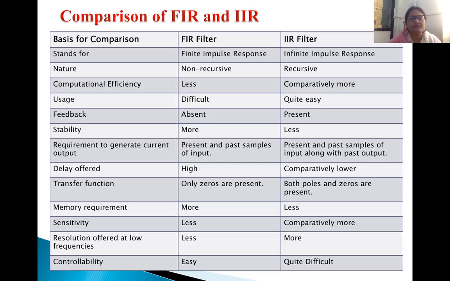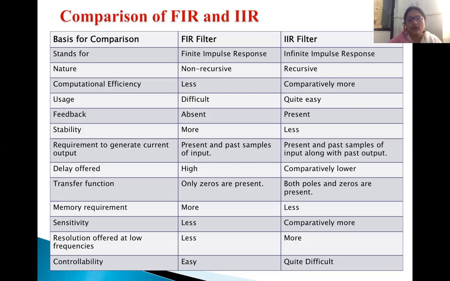Resolution: it is digital, so it is less, whereas it is analog, so the impulse response is infinite, and therefore the resolution offered by the IIR filter is more, whereas the FIR filter is less.